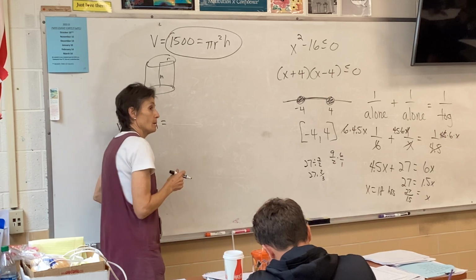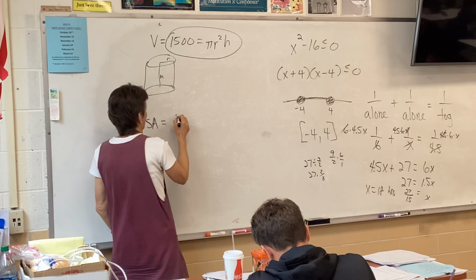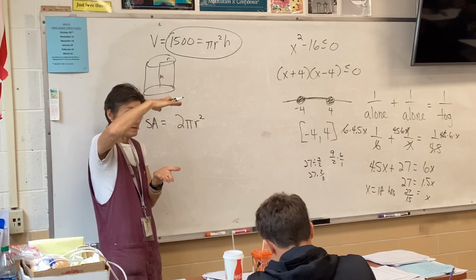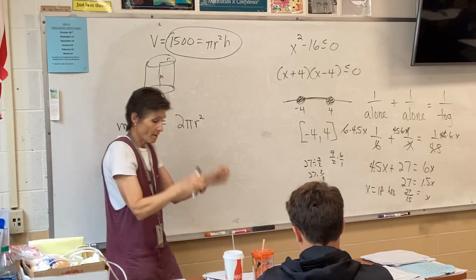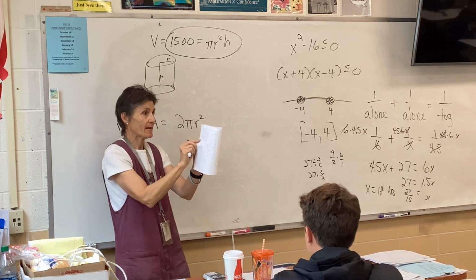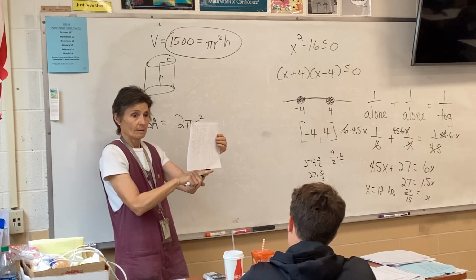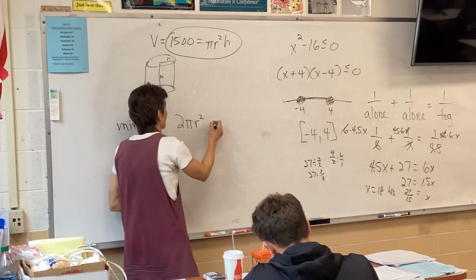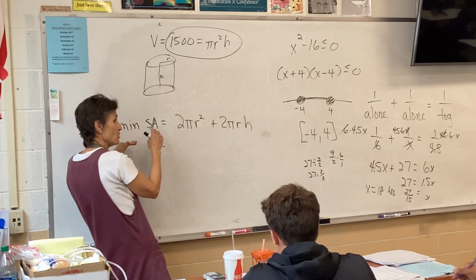So, how do I find the surface area of a can? 2 pi r squared, that's the top and the bottom, the bases. And then remember, we open up the sides of the can, it makes a rectangle, right? So that's 2 pi r h. And this is what you want to minimize.